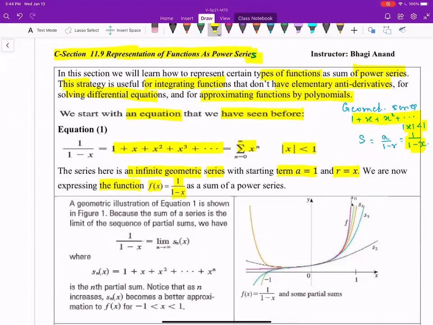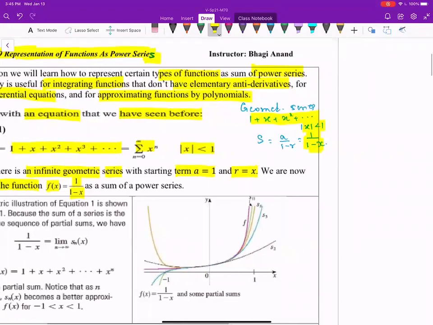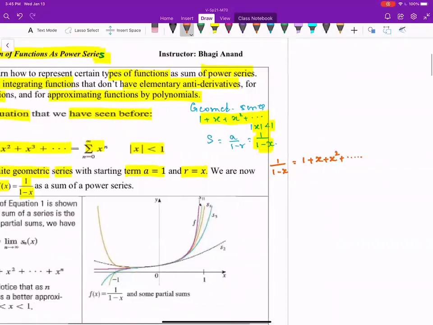One important thing, this idea will be used quite often throughout the section. If you have 1 over 1 minus x, you write that as 1 plus x squared, etc. And in the sigma form, it is x to the power n, common ratio to the power n.